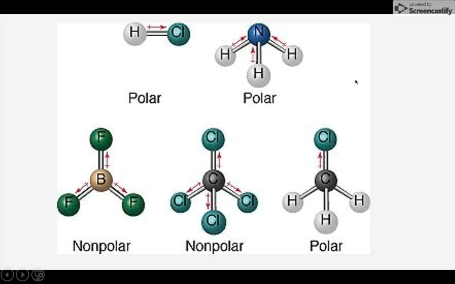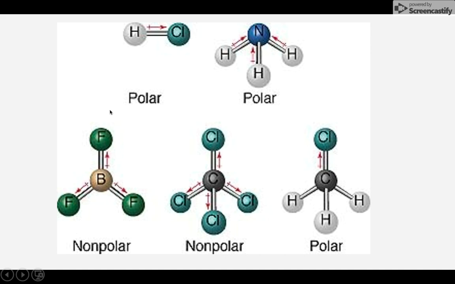On this slide are some more examples, but with a 3D figure. So this is polar, because there's positive and there's negative. This one's polar because they're all going in the same direction and it's not a flat surface. This one looks similar to this one, but this one is flat.